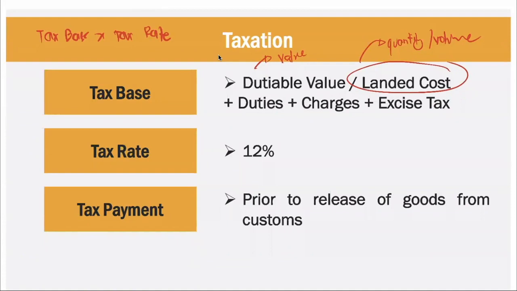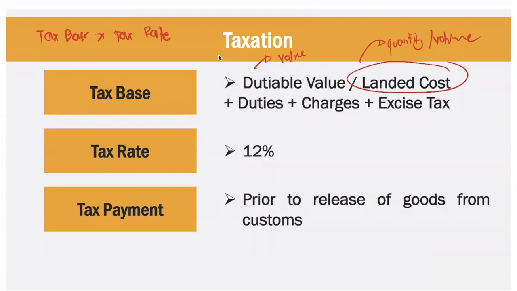If the value is already declared, that is the dutiable value. But if only the quantity or volume is given, you use the landed cost. Based on the quantity or volume, the customs provide a landed cost. So if the value is given, dutiable value. If it is based on quantity or volume, we have your landed cost.